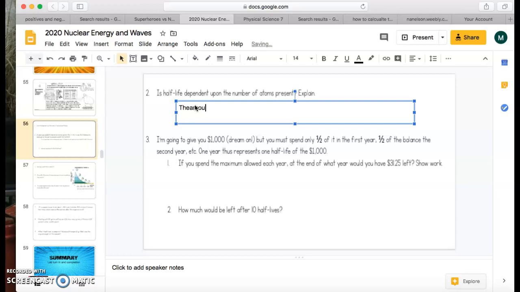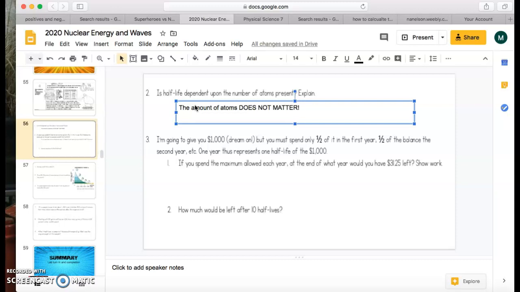So the amount of atoms does not matter, okay? Because that half-life is going to be the same no matter if I have 8 grams or if I have 100 grams. If it's carbon-14, it's going to decrease at the same rate.